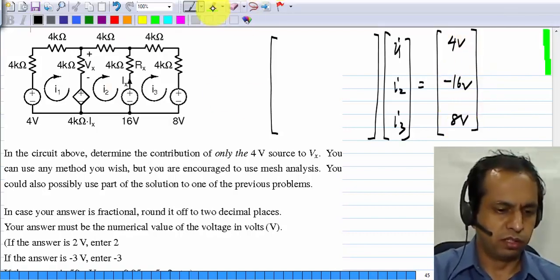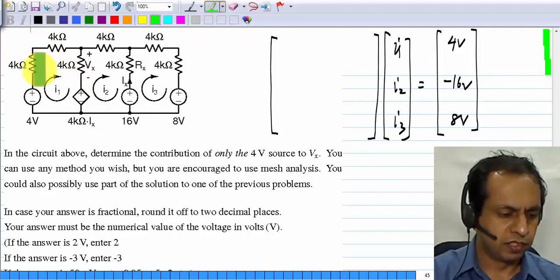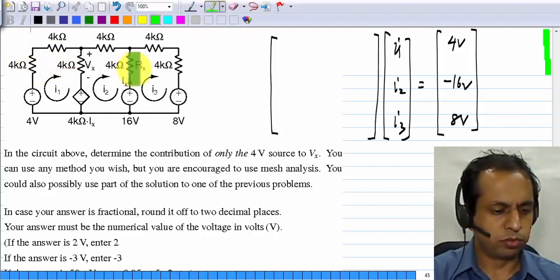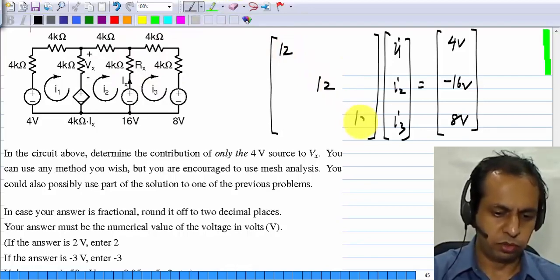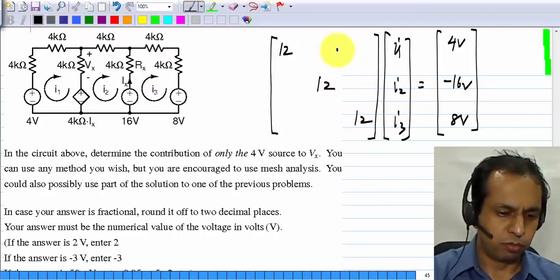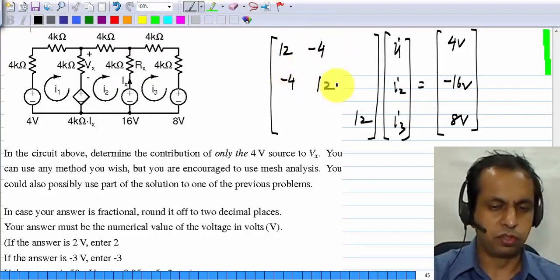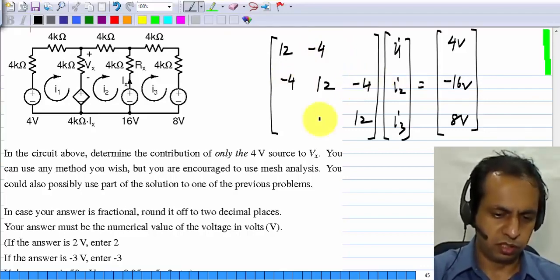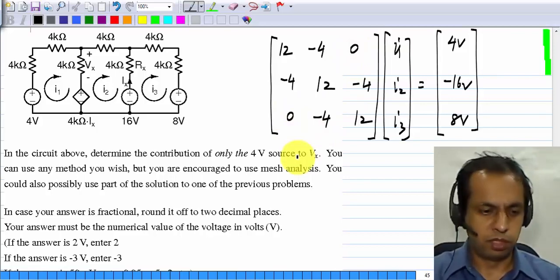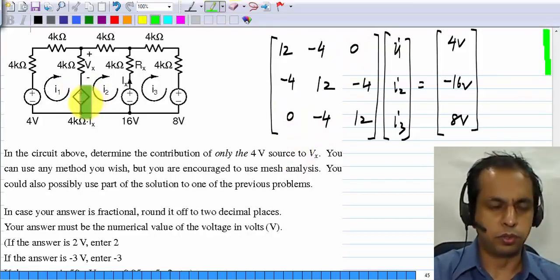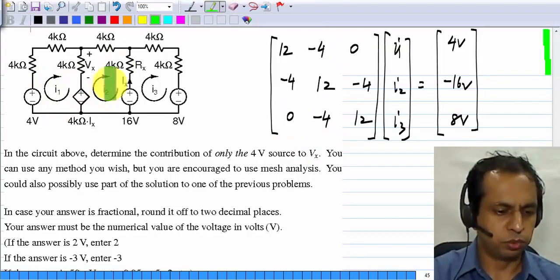And if you look at the contributions due to resistors, you can see that there is 12 kilo ohms total in each mesh. So all these will be 12 with units of kilo ohms. And common to mesh 1 and 2, there is 4. Common to mesh 2 and 3, there is also 4. Okay. But we also do have this control source, and it contributes to mesh 1 and mesh 2.